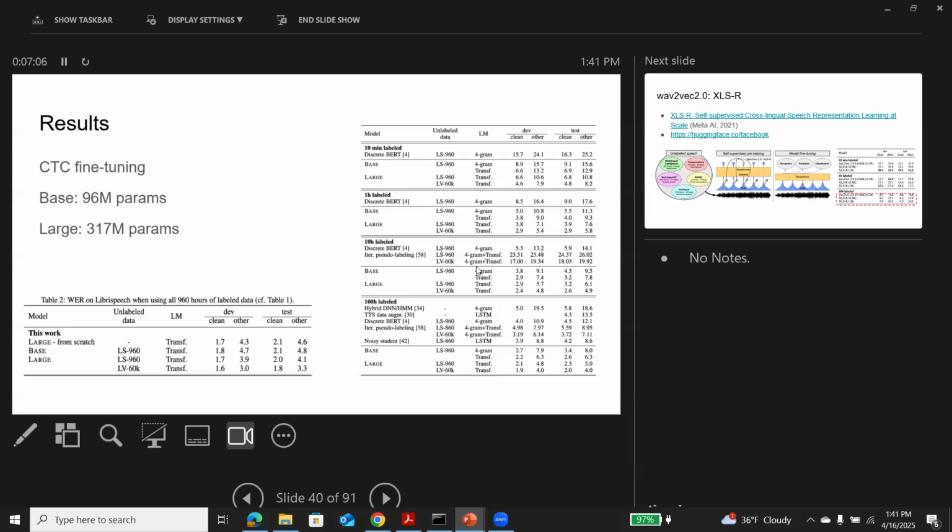And there are other comparisons. It's also interesting that they could train the model on only 10 minutes of audio, and it gets a pretty low word error rate.